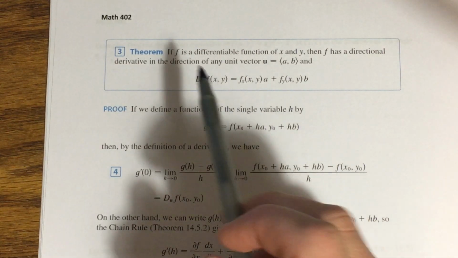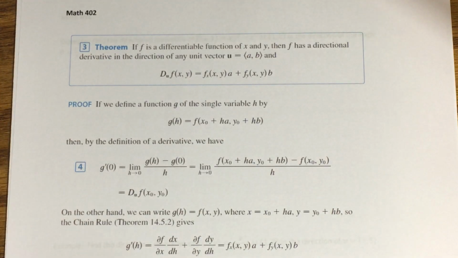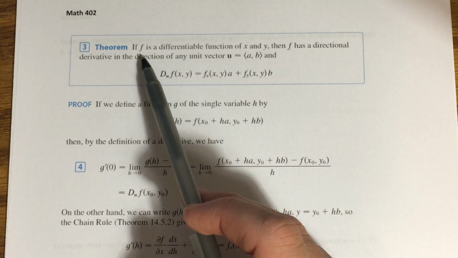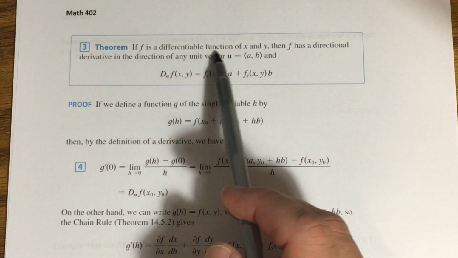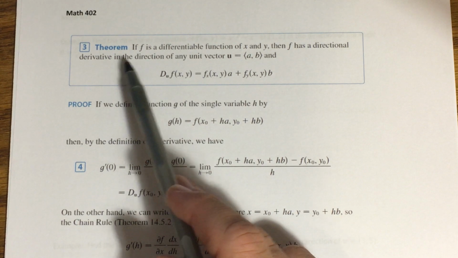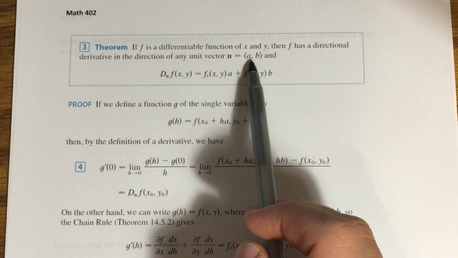So if f is a differentiable function, remember we gave a definition for differentiable back in 14.4, the previous section, then f will always have a directional derivative in the direction of any unit vector u, where the components are a, b.